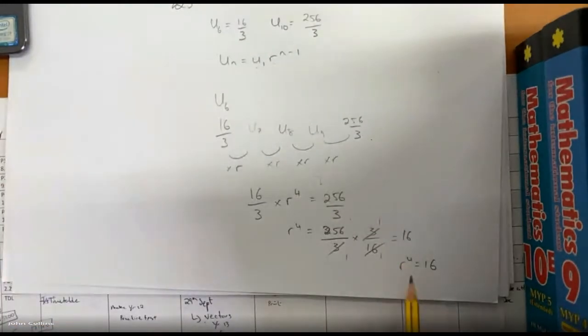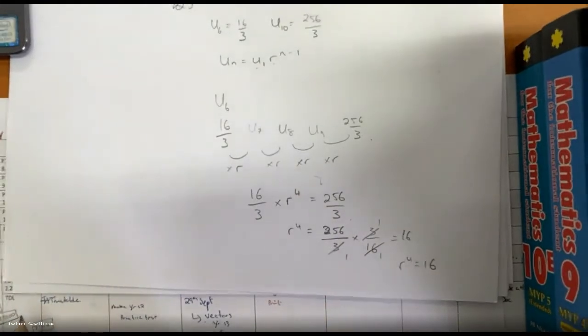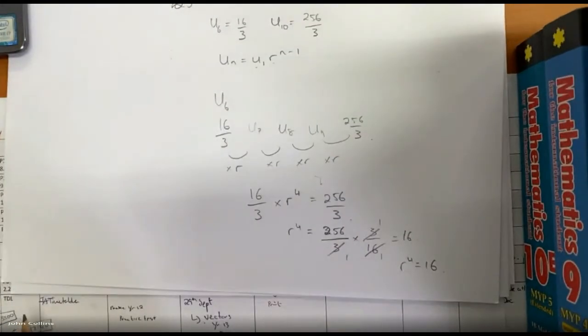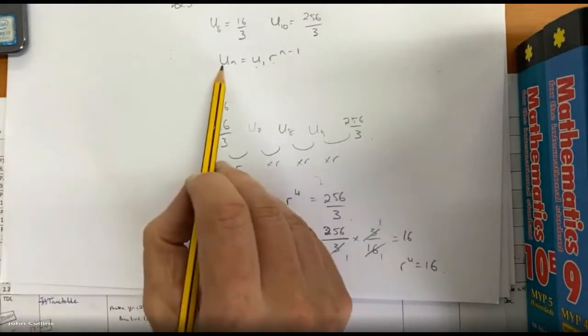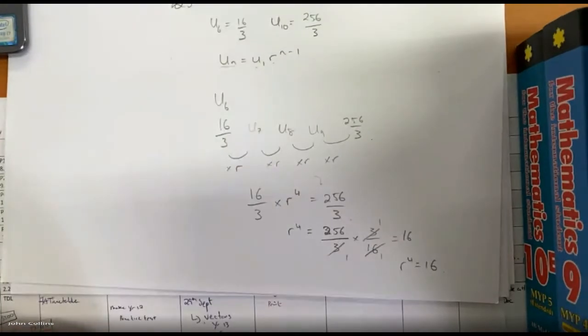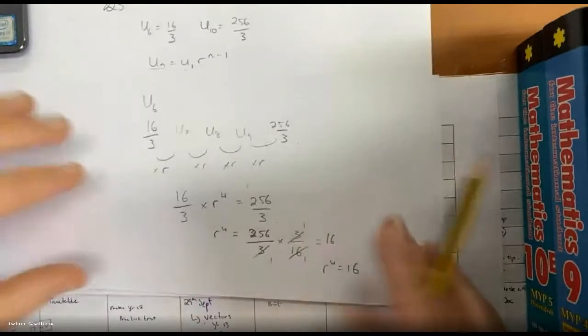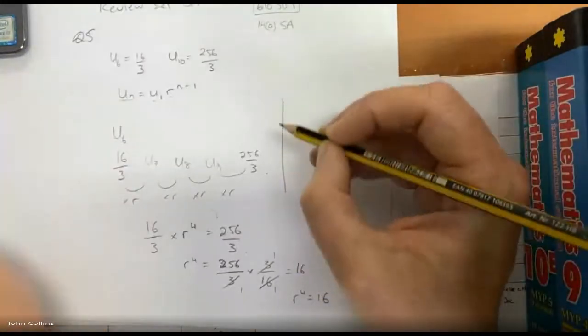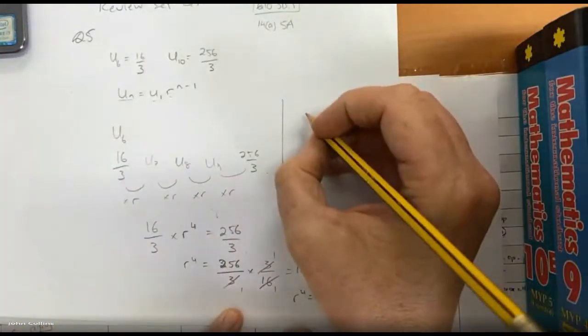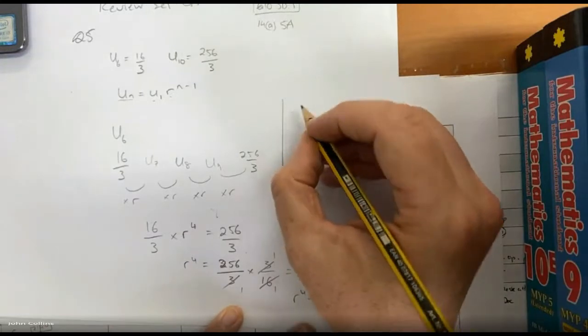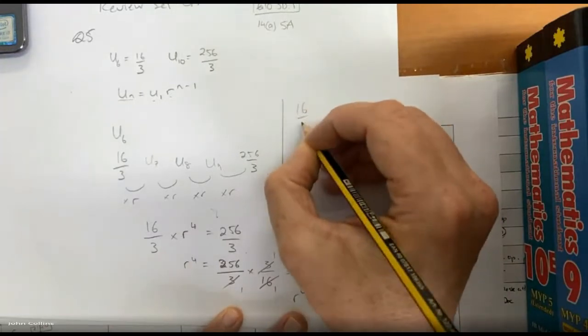Now I could keep dividing by 2 if I wanted, and I could get that first term. Maybe I could use the fact that I know the 6th term as well. So the 6th term, U6, I'm just going to come back and use that. U6 is 16 over 3.